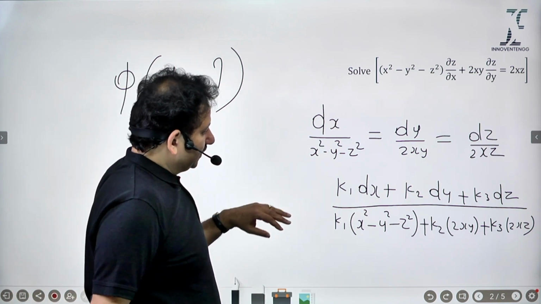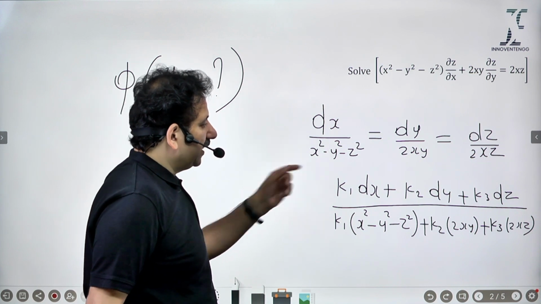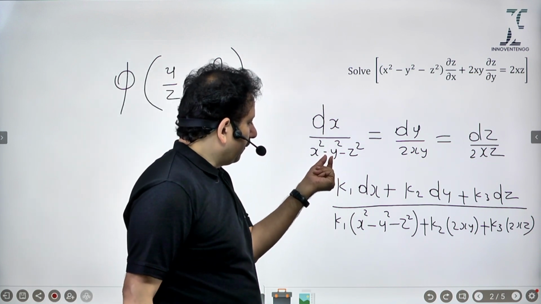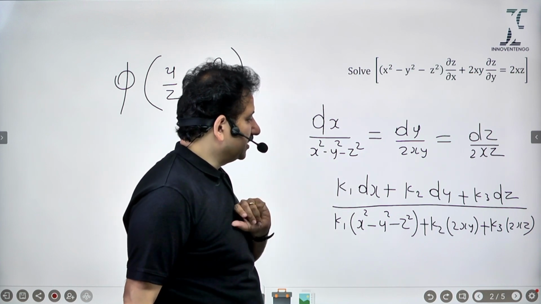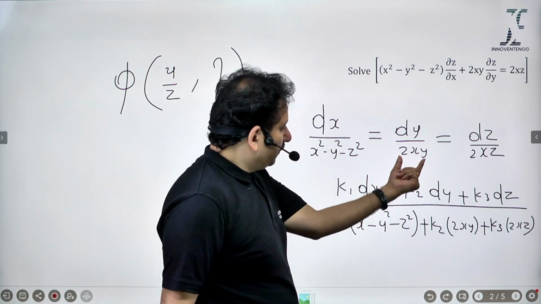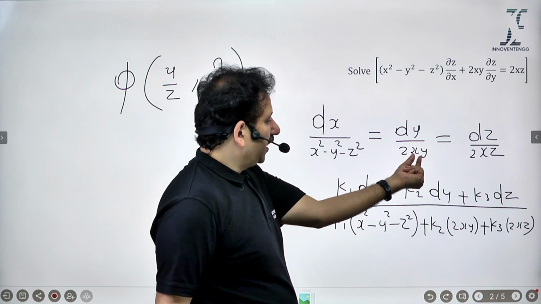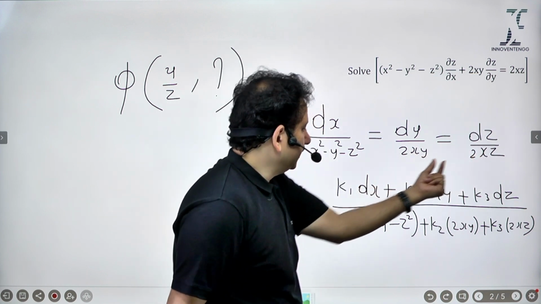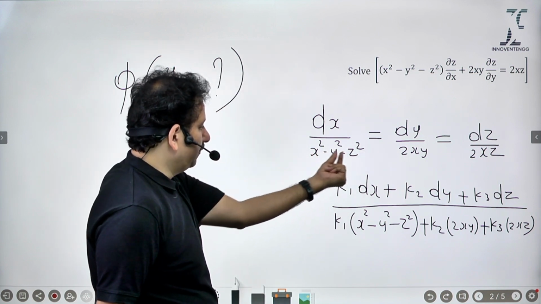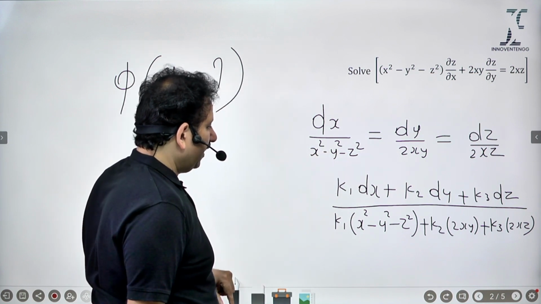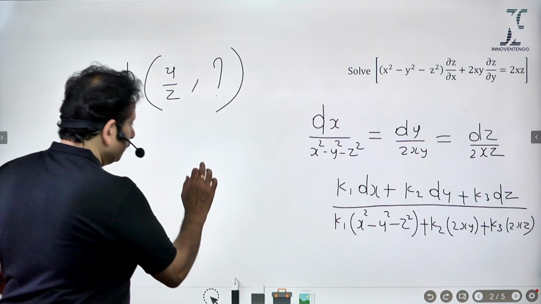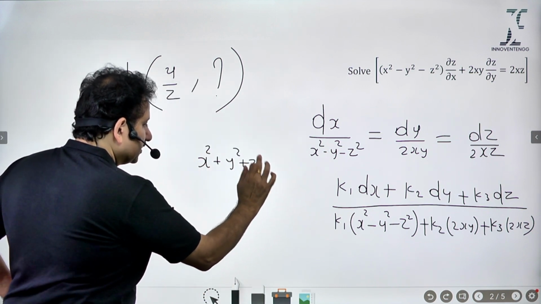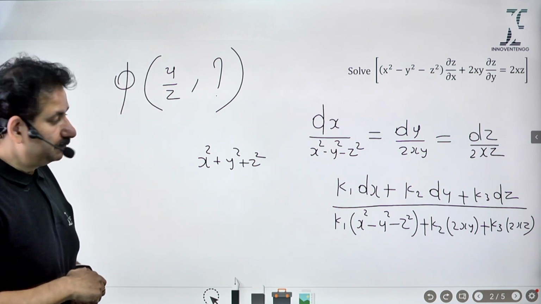Here it appears that x, y, z would work, because you can see here you have got minus y square minus z square terms here. The moment I multiply this by y, 2y square x, 2z square x, and add it to this, multiply this throughout by x square, I will be able to get x square plus y square plus z square in the denominator.